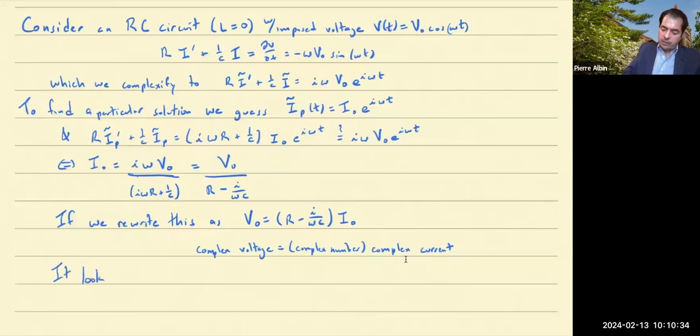So it looks like Ohm's law, but with a complex number where we normally have the resistance. So we have a complex resistance, which then gets its own name, the impedance.